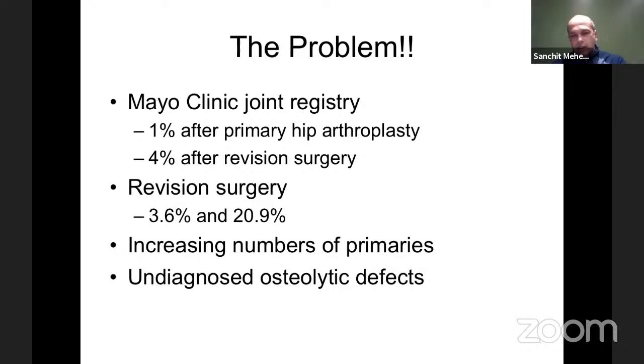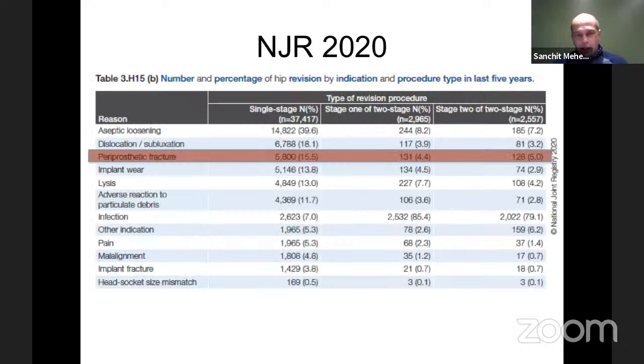As we increase the number of primaries, and as we are under more and more pressure not to see the patients in the follow-up period, we are likely to miss the osteolytic defects that appear over time. In those situations, they lead to a periprosthetic fracture, which then presents as a big problem to our emergency departments. Again, National Joint Registry data in 2020 shows the huge burden of periprosthetic fractures.